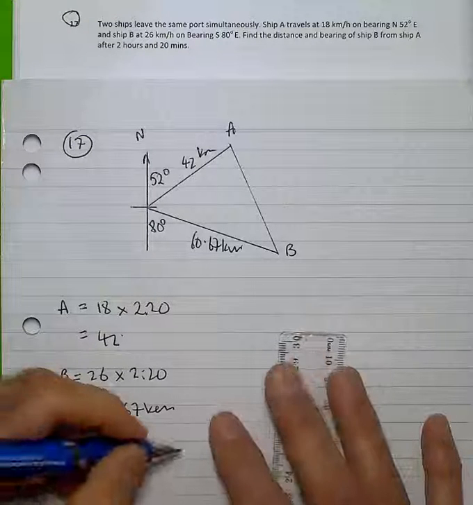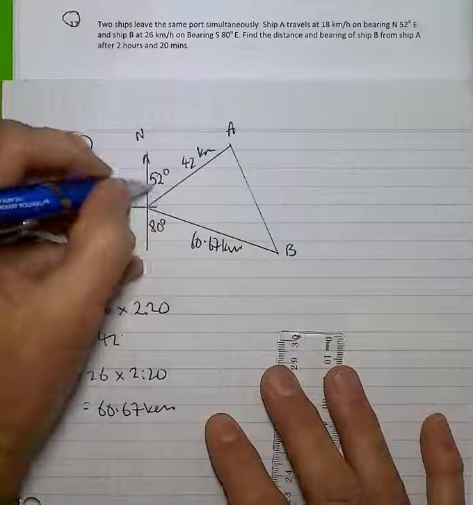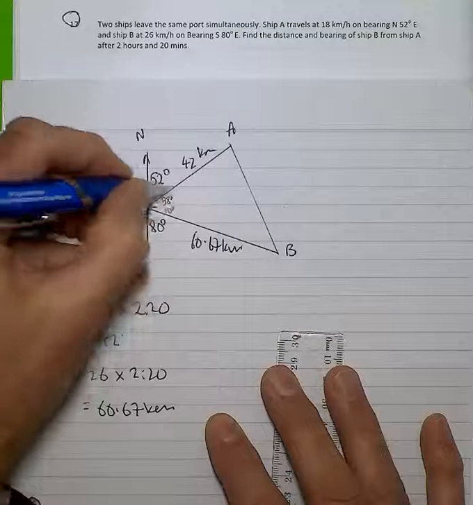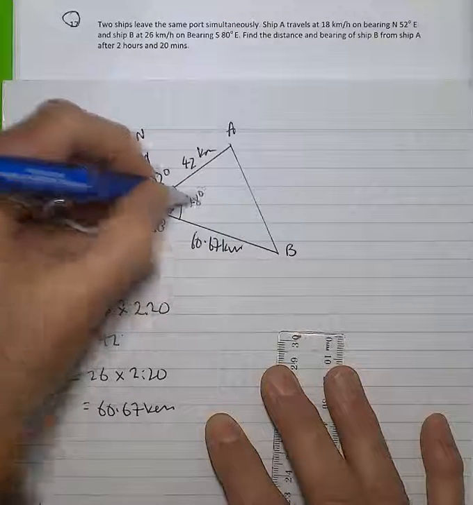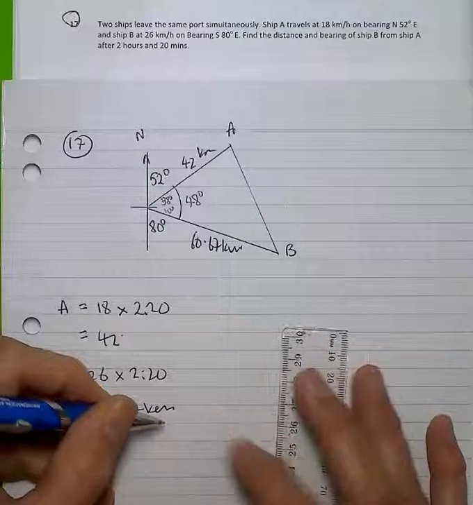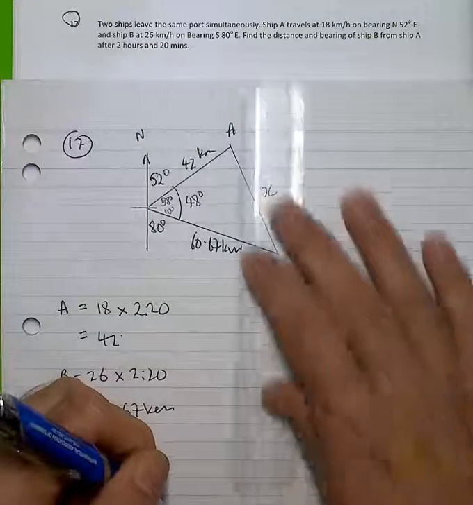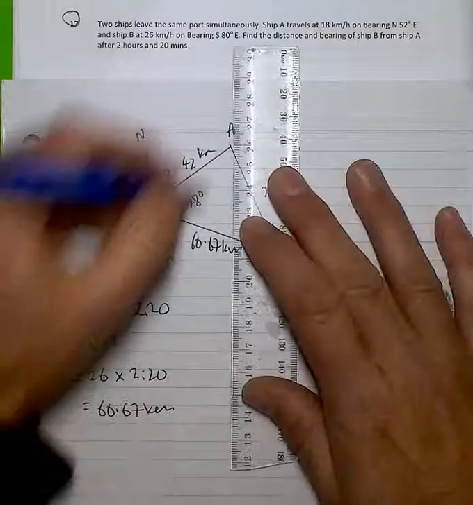Now, filling in a few gaps, we've got 38 degrees here. We've got 10 degrees, which gives me 48 degrees. I'm clearly after this distance x, and then I want the bearing of ship B from A at the end.